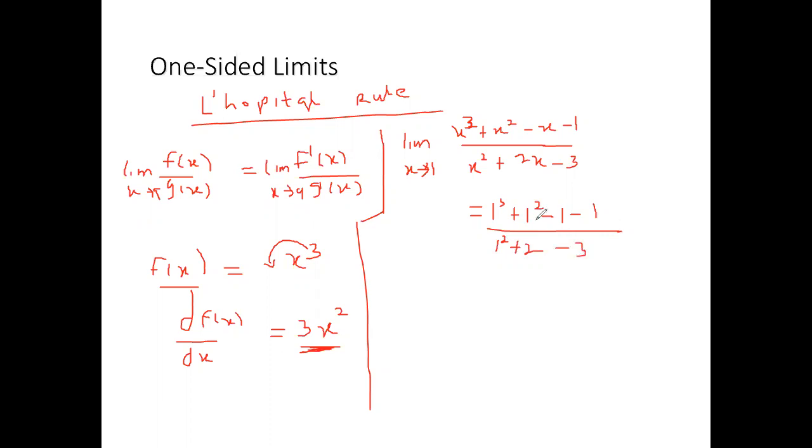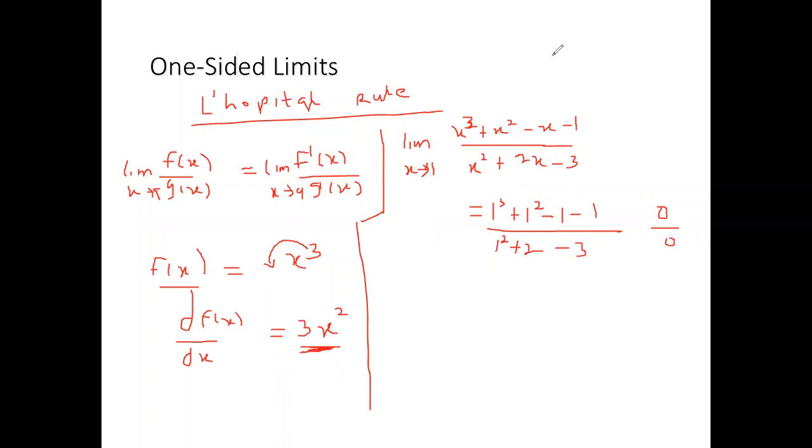So you can see that the numerator will be 1 plus 1, which is 2, minus 2, which will be 0, and the denominator will be 1 plus 2, which is 3, minus 3 is also 0. So we have an indeterminate form, right? Hence the need for us to re-express this expression here. Good. So how do we go about that?